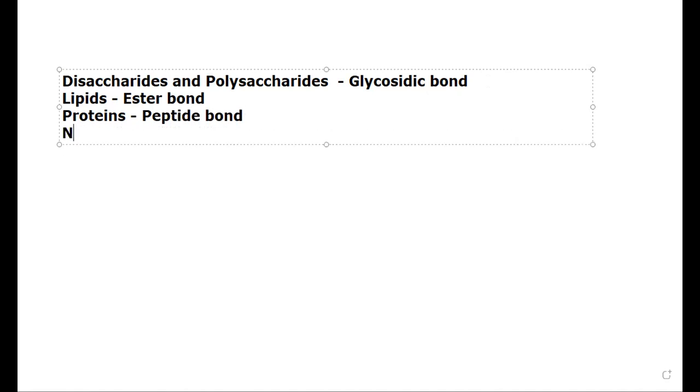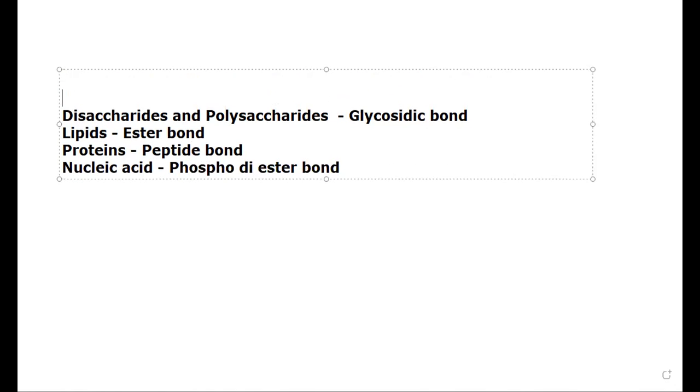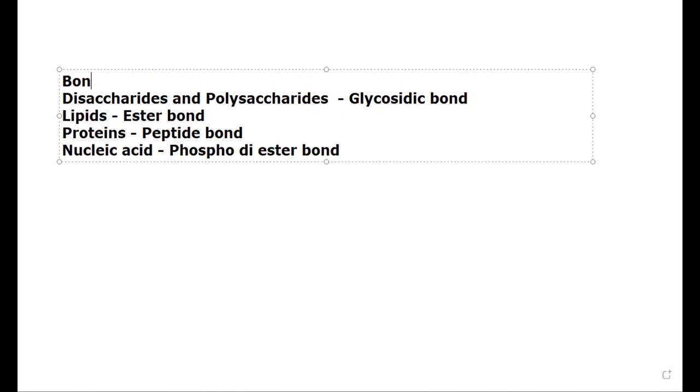If you take nucleic acids, the bond present is called phosphodiester bond. Could you please write this summary and keep with you? Okay, what is the heading? Bonds in biological organic molecules.